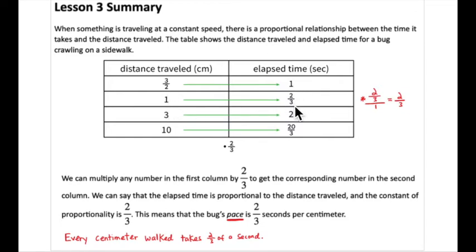So what's the constant of proportionality? What's the bug's time per centimeter? So it's y divided by x, so it's 1 divided by 3/2. Well, 1 divided by 3/2 is the same as 1 times, so you use the inverse operation and you multiply by the multiplicative inverse.